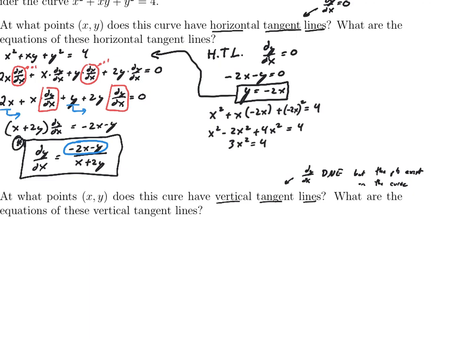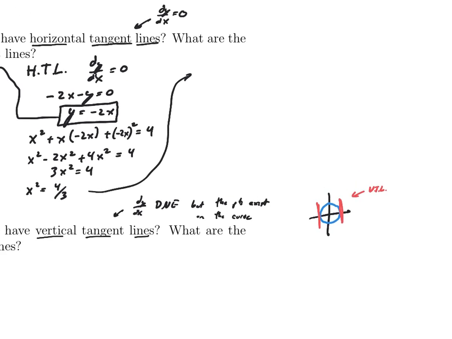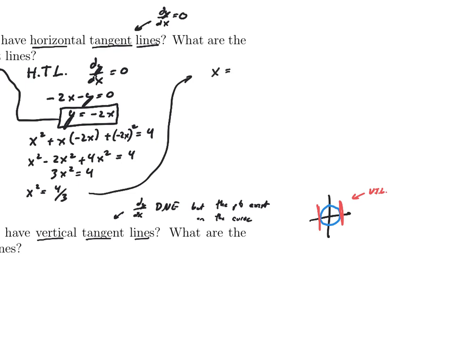We have x squared is equal to 4/3. So we have x is equal to either plus the square root of 4/3, which is just, again, plus 2 over the square root of 3, or we have x is equal to negative square root of 4 over 3, which is negative 2 over the square root of 3.